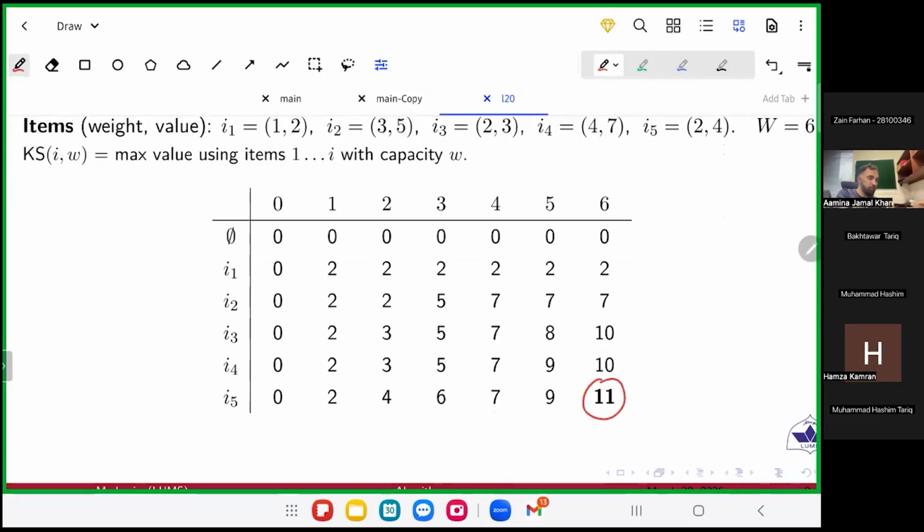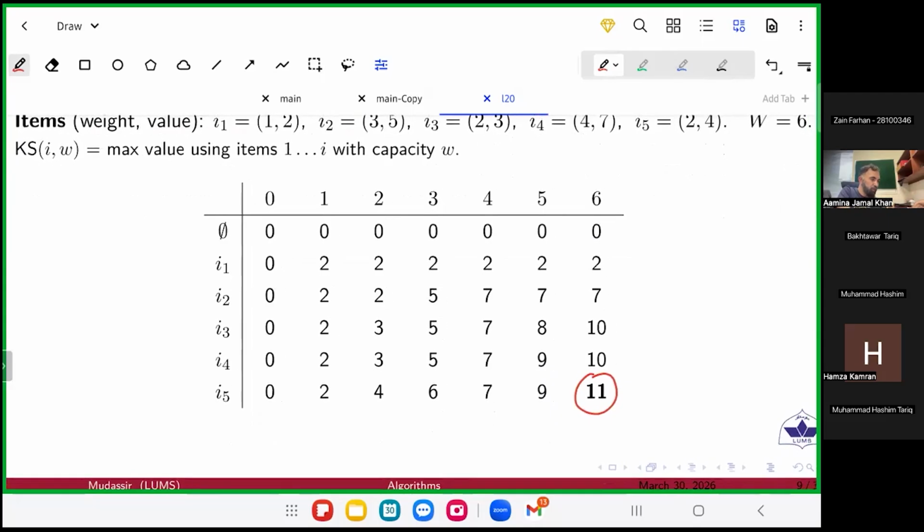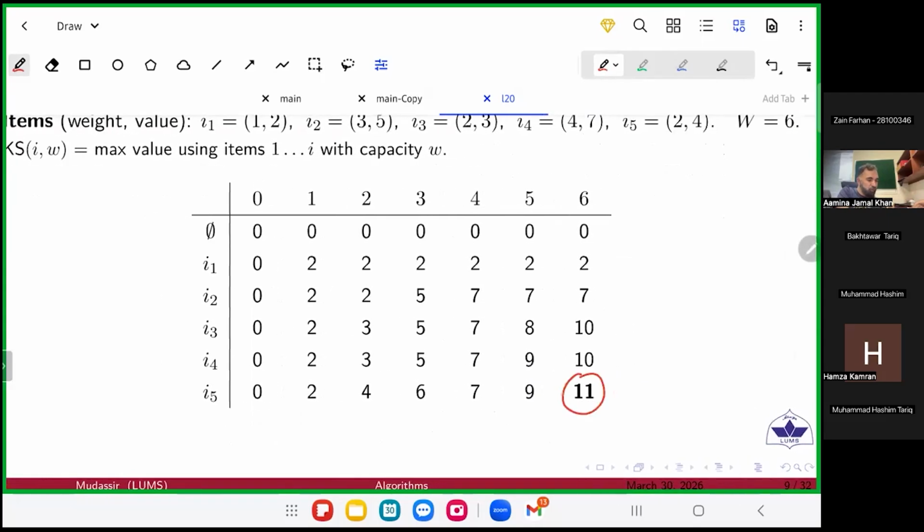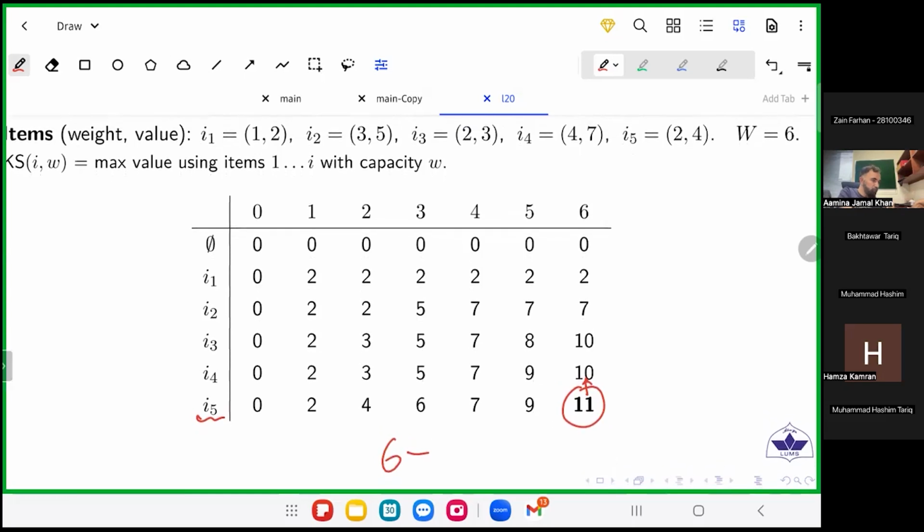You will have to decide that this is more than the weights of the... so this is more than 10, which means कि ये item 5 को आपने pick किया है, okay? लेकिन item 5 का आप weight इसमें से remove करेंगे, 6 में से आप item 5 का weight remove करेंगे 2, 4. So you have to end up at 4 comma 4.